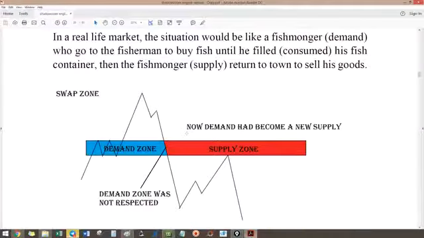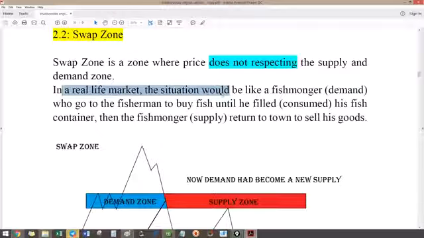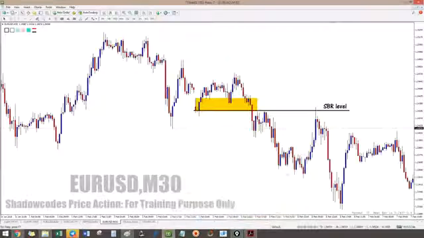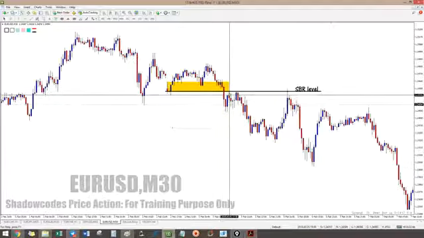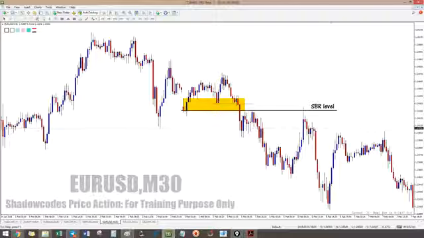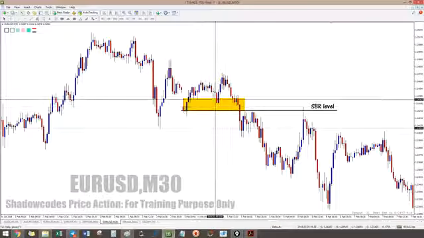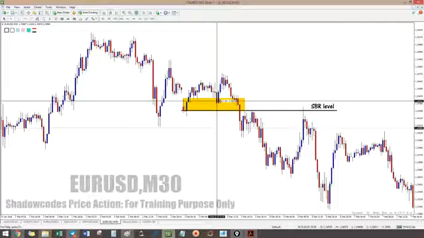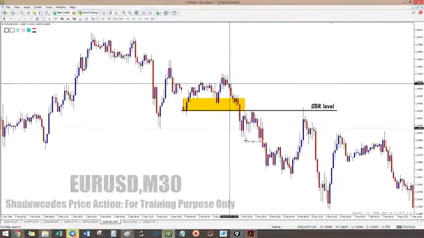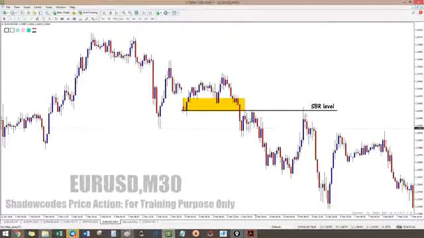Look at this example. This fishmonger is a buyer, but he is also a seller. He is an important person because he can support this level, support price. This demand level does its job to push price up, but eventually breaks.